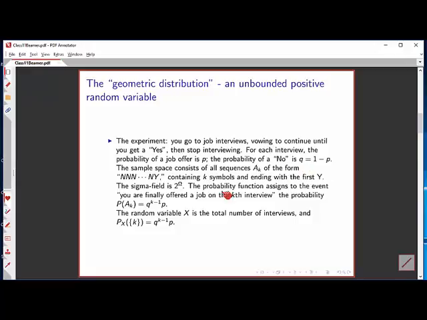That means you've got k minus 1 no's times p for the yes. What's the obvious random variable? It converts the element of the sample space into the length of the string, the total number of interviews, and the probability that the random variable has the value k is therefore q to the k minus 1 times p. I'm sure you've seen examples like this before.